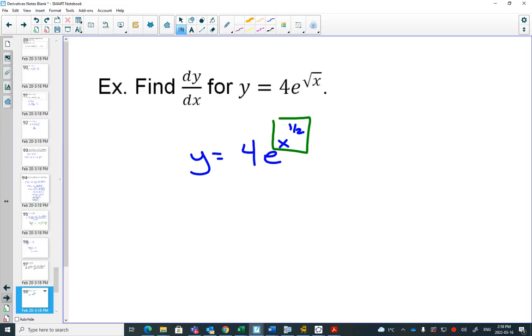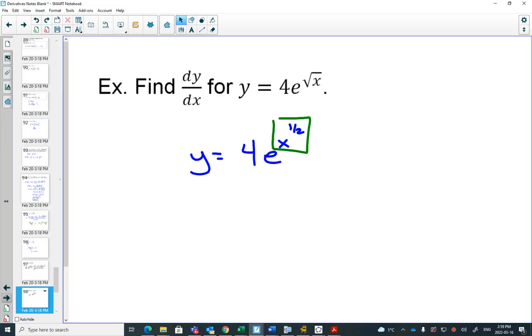It takes some practice to see those things. But I have an e to the x graph, but now there's something inside of it other than just an x. So that's why the x to the 1/2 is my inside function, and my outside function is my e to the x. So it's a chain rule.